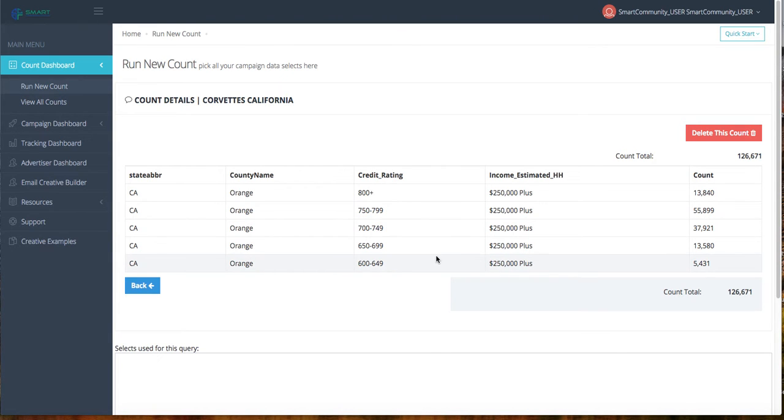So in other words, what's incredible to me is we've got 5,431 people in Orange County making $250,000 a year plus, and their credit score is only 620. What the heck's going on, Tim? Okay, and I didn't run what if it was lower than that? So there's all kinds of things you can do. The point I wanted to make was you can break it out by the category. You can kind of see where the numbers go and do this anywhere. I mean, you can see why it's so expensive. We have access to this.